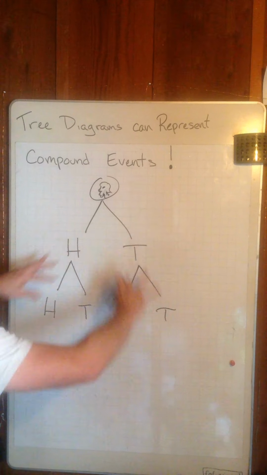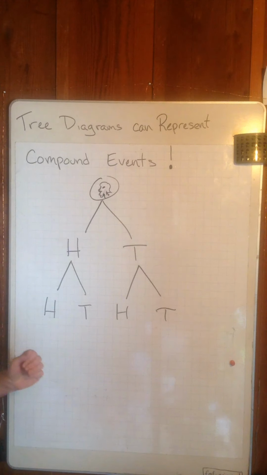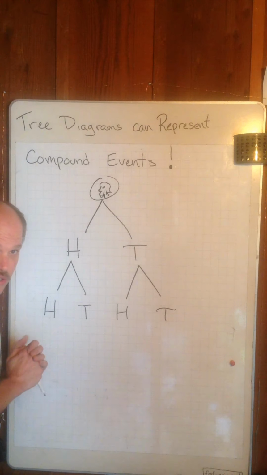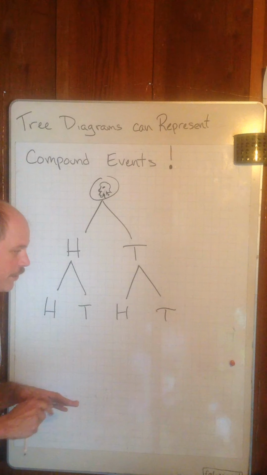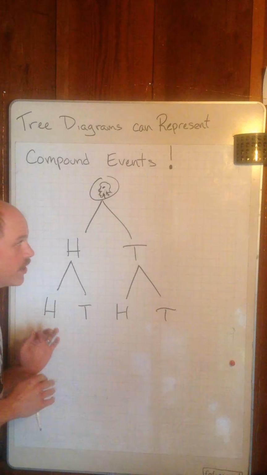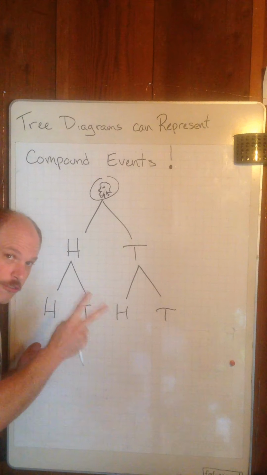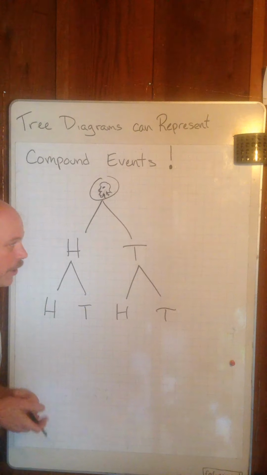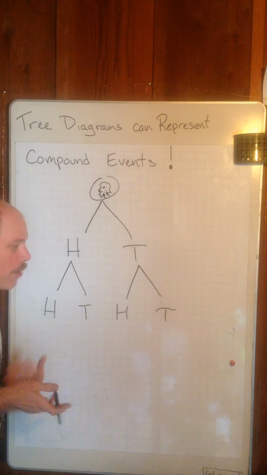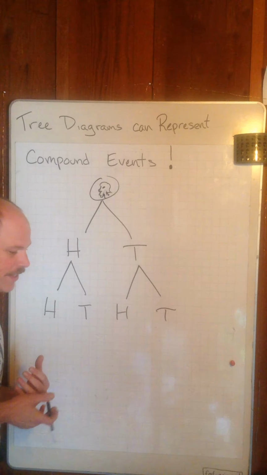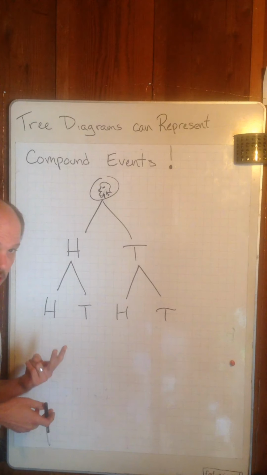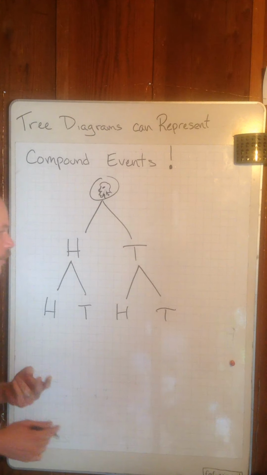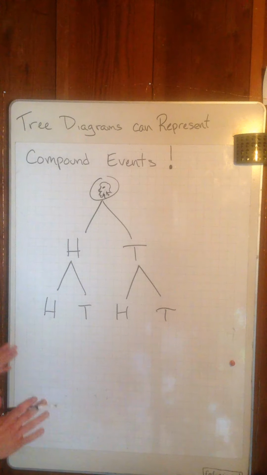And now this tree diagram, does it remind you of the prime factorization tree diagrams that we used earlier this year? This tree diagram is representing every possible outcome for 2 flips in a row of a coin. And so if I wanted to know the probability of flipping a heads twice in a row, I would have to find every different option here that fits that criteria.